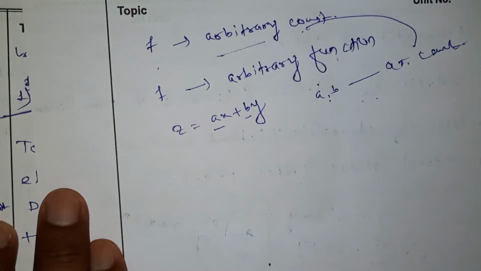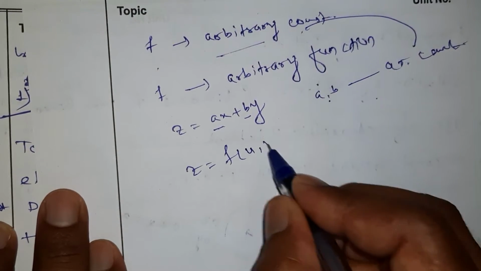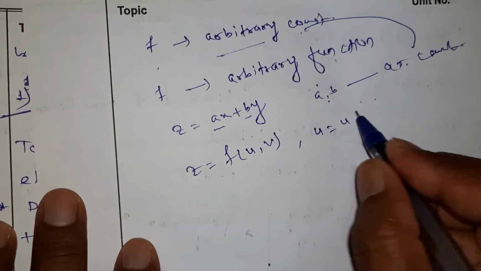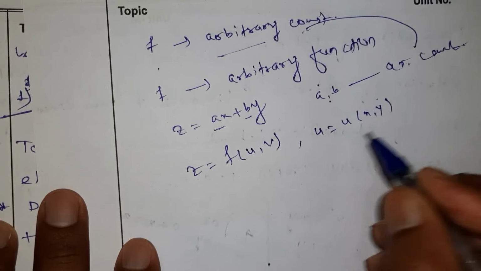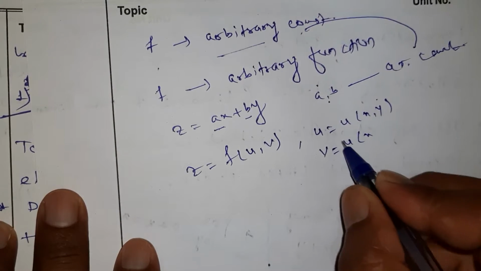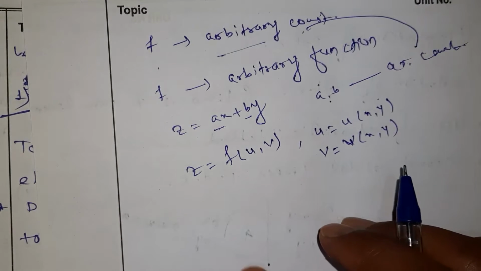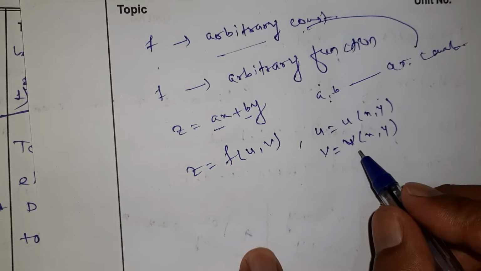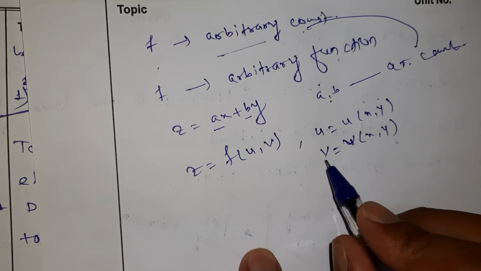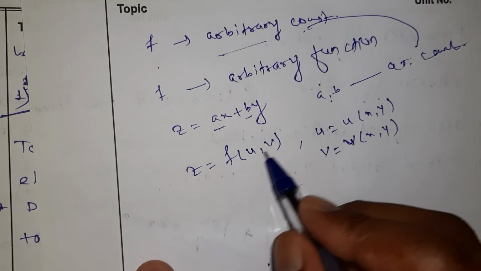But if I write z is equal to f of u, v, where u is equal to u of x, y and v is equal to v of x, y, I mean that u is a function of x and y, v is a function of x and y, and my z is a function of u and v.